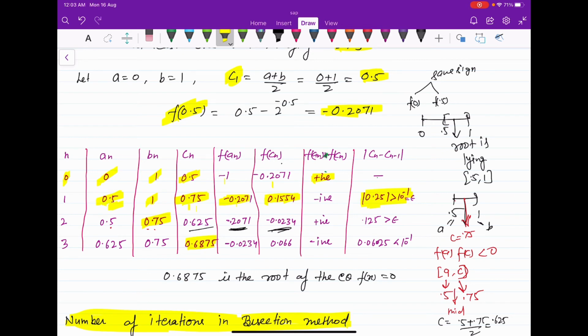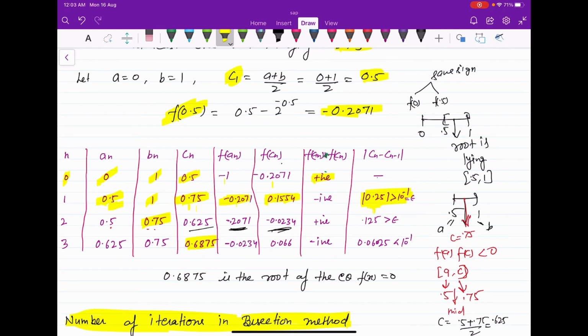So c1 minus c0 is 0.75 minus 0.5, that is 0.25, and this value 0.25 is greater than 10 raised to the minus 1.